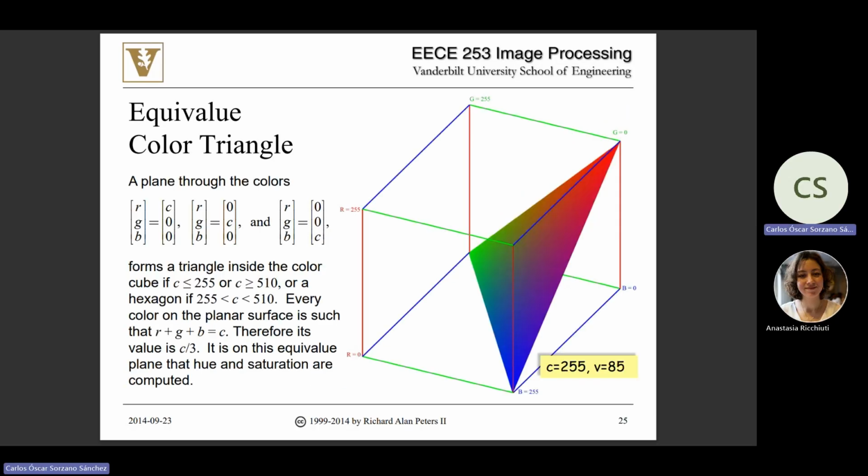That side is the feature that characterizes this side. For all these points, the green is 0. That is the characteristic. You can have any red and blue, but green is 0 because green is in that direction. And this side has to have G equals 0.